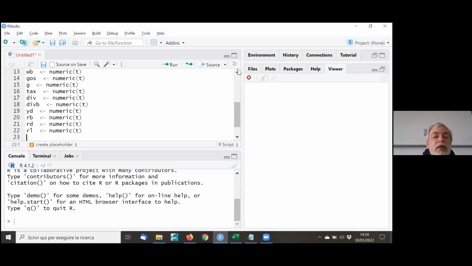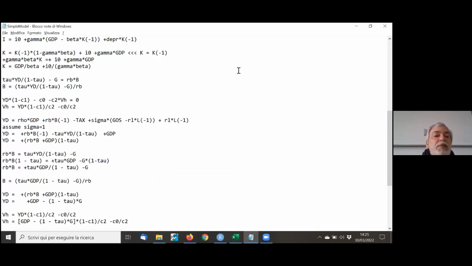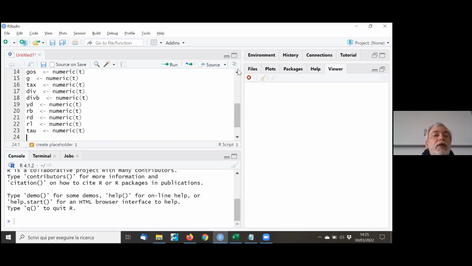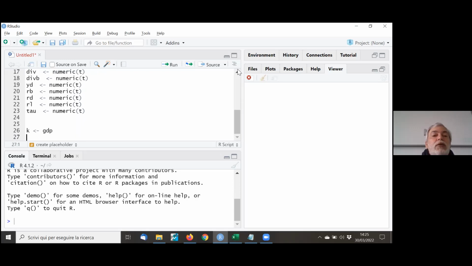Tax, I use tax, so also the tax rate. And the beta, sigma, C1, C2 are parameters, so they don't need to be changed.